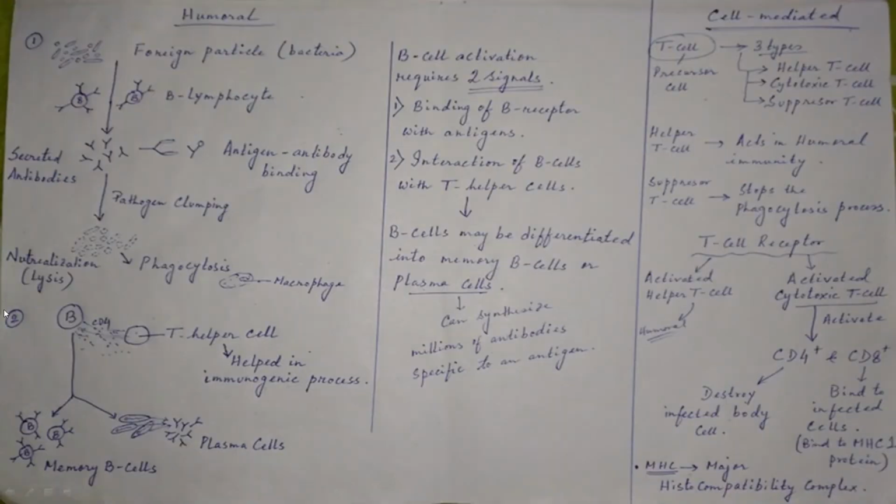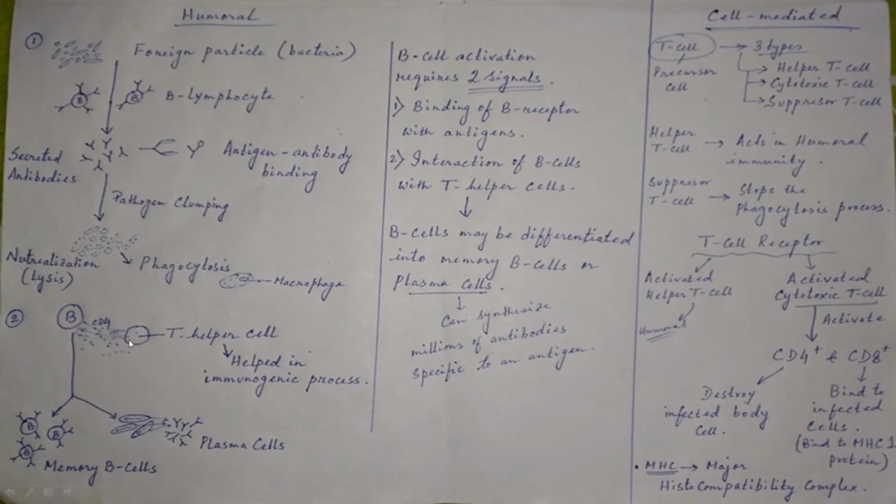So now this B cell starts releasing CD4, and the T helper cell is there which helps in the immunogenic process. Helper means it helps the others. It helps the process. So now T helper cells join with B cells.